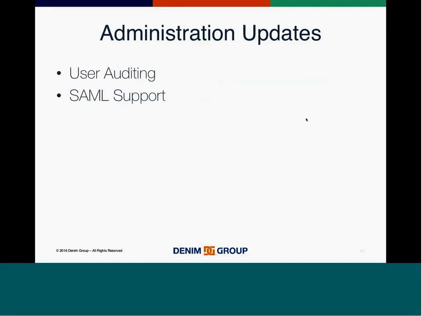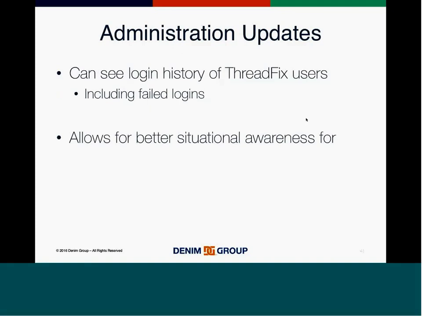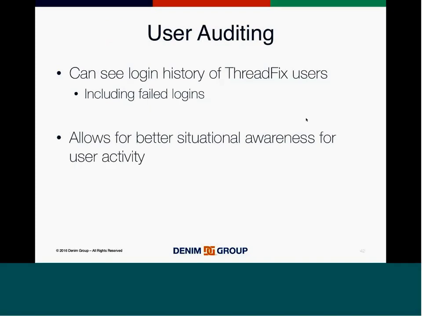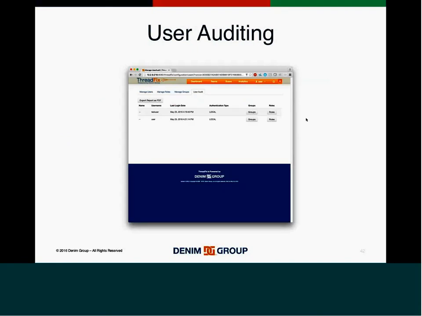We've also made some administration updates. We've provided a lot better visibility into user auditing, being able to see the login history, failed logins, as well as the ability to audit permissions and access that has been attached to certain users. This allows you to have better situational awareness of the user activity inside of ThreadFix and to provide a better audit trail for what folks have been doing inside of the system.